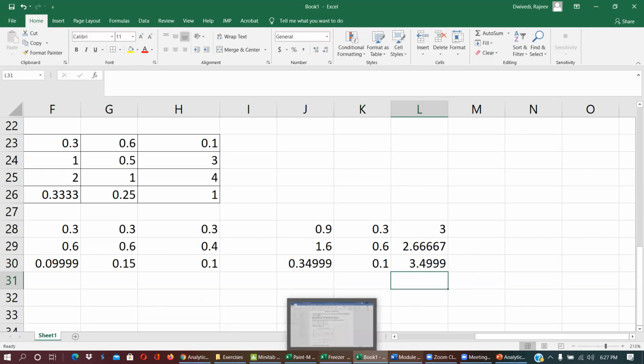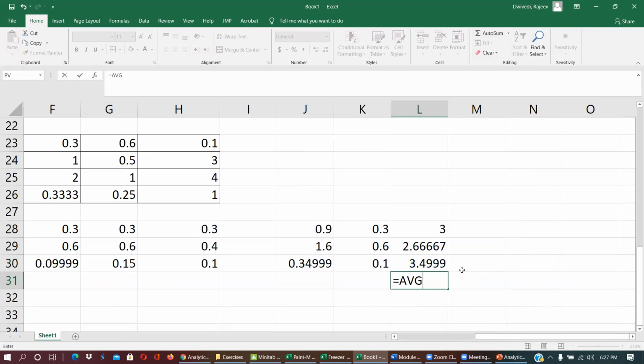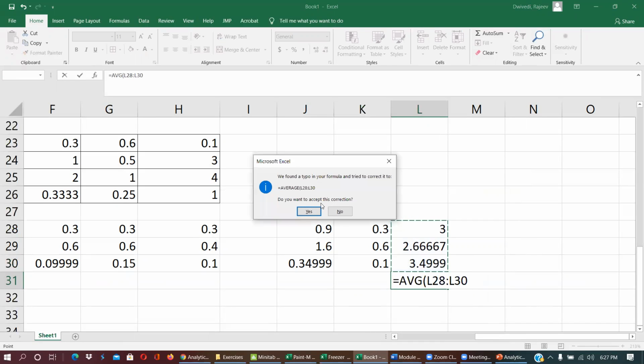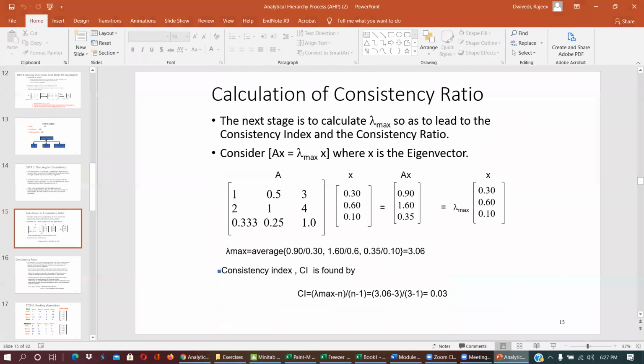So what we get here, the average should be of all 3 point something. So this is the average, 3.5 or 3.6, everywhere they are just rounding up. So this is the value that is important for us. So lambda max value we got 3.06.